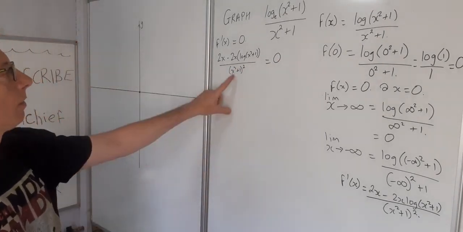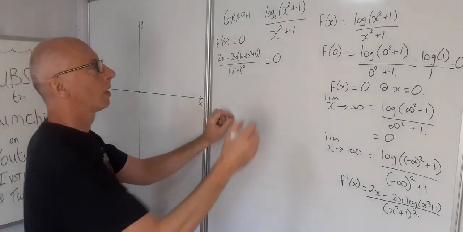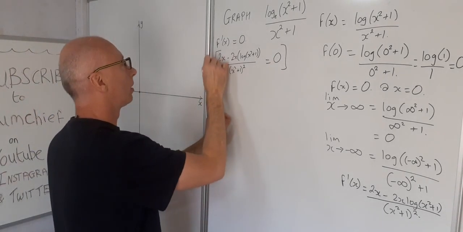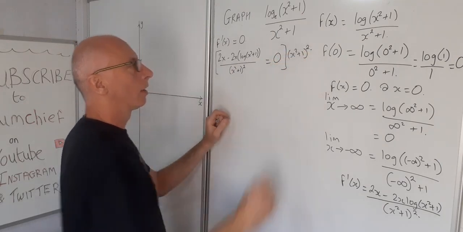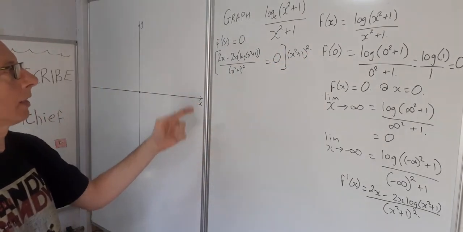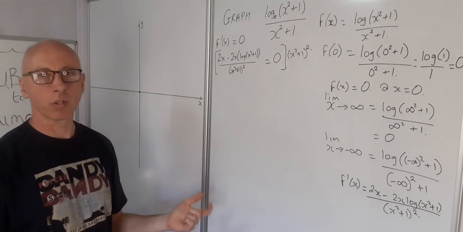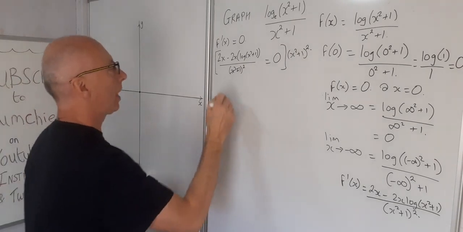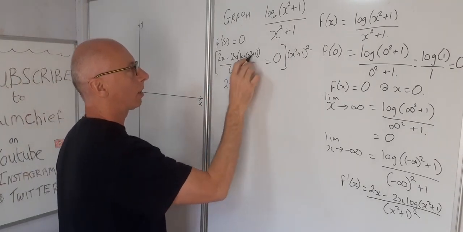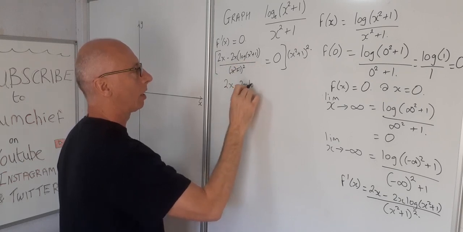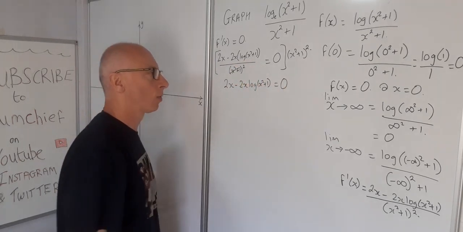Okay, first of all we can multiply both sides by x squared plus 1 squared. So let's just do that. So if we multiply the whole function by that, this one will cancel out, and 0 times this will still be 0. So now we're left with 2x minus 2x log of x squared plus 1, and that's all set to 0.